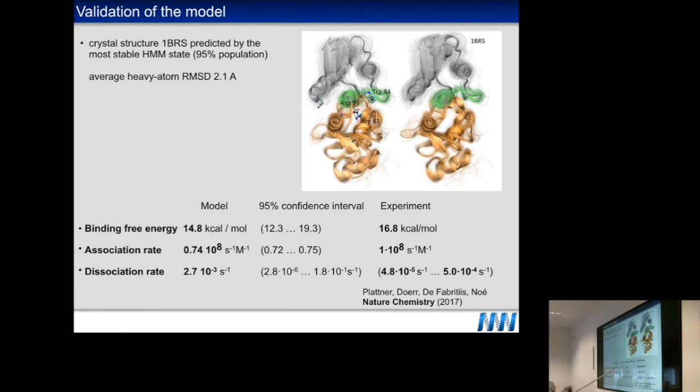The binding free energy is different, but it's not wrong because the uncertainty is huge. The same, this is the dissociation rate. These two, of course, go together. It's still essentially a two-state process in the sense that dissociation is really slow, and this uncertainty directly translates to this uncertainty. So it's right within the uncertainty, but the uncertainty is large.